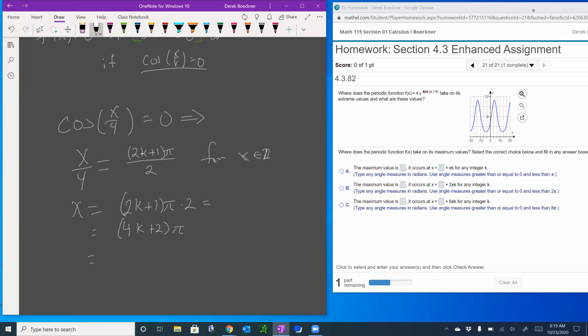Which we could write as 0, 2 pi, 6 pi, plus or minus these things, right? So those are the places that we would be looking for our zeros.